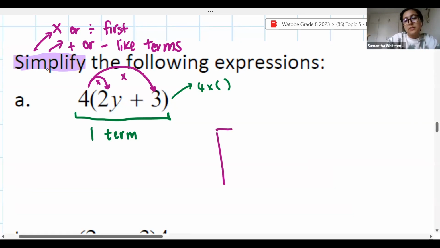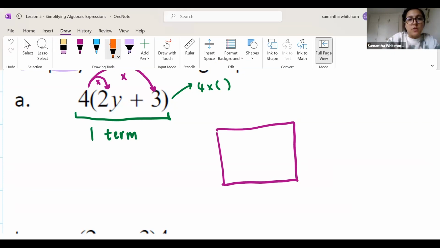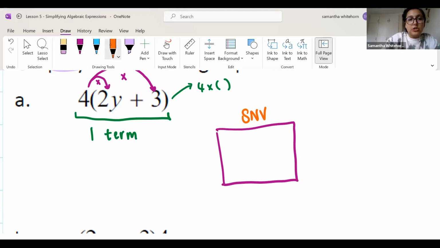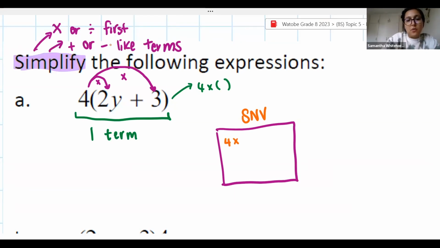Now, what I like to sometimes do is just have a little multiplication block for myself to do my working out. Remember, grade 8s, when we are multiplying, we always want to remember SNV, signs, numbers, variables. So if I multiply positive 4 by positive 2y, a positive times a positive is a positive. 4 times 2 is 8, and then I've got my y.